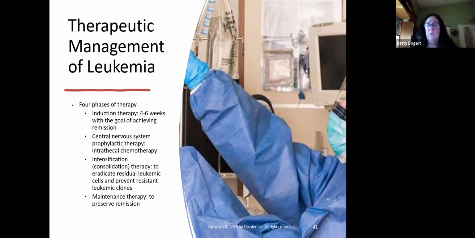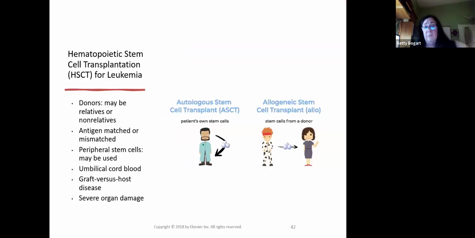The reason is we want to make sure that the cancer cells are gone, that there are no sneaky, hidey little cells anywhere. So we take care of the central nervous system, and wherever else. And then, of course, there's maintenance. Usually it's an oral pill at that point. Could be a year of it, 2 years, depending.